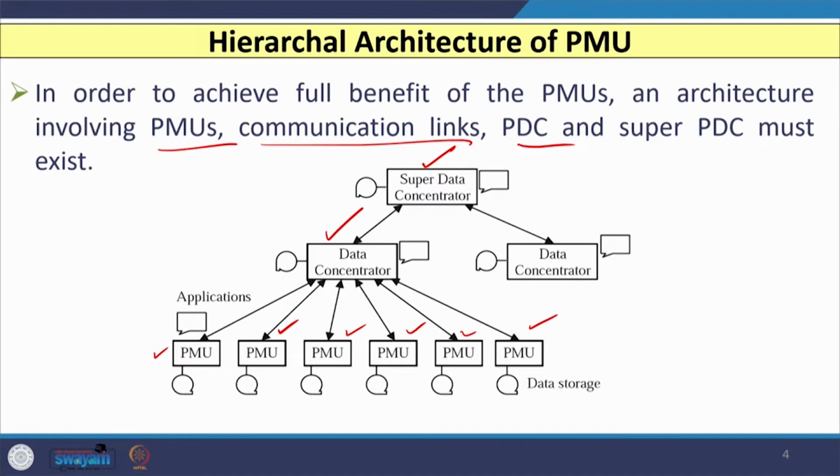So, we have the region wise PDC, state wise PDC, and the national PDC also. The flow of this data will move in the upward direction. However, in certain cases we also need a data flow in the reverse direction, that is, in the downward direction also. That provision also exists as per this diagram.